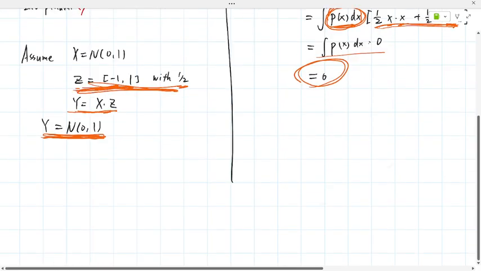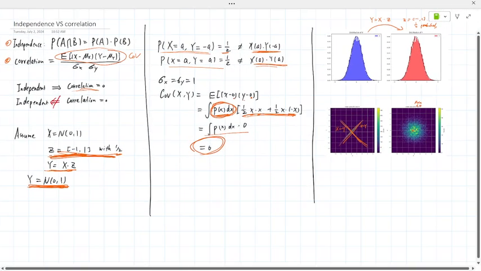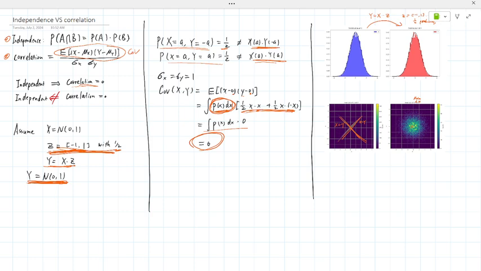So zoom out. We found that this example gives us a correlation equal to 0, which does not necessarily mean independence. And this shows clearly why.